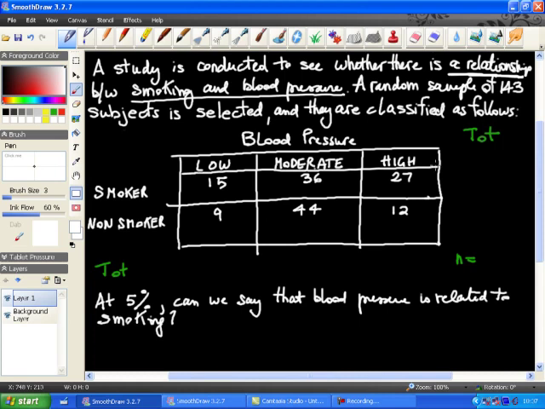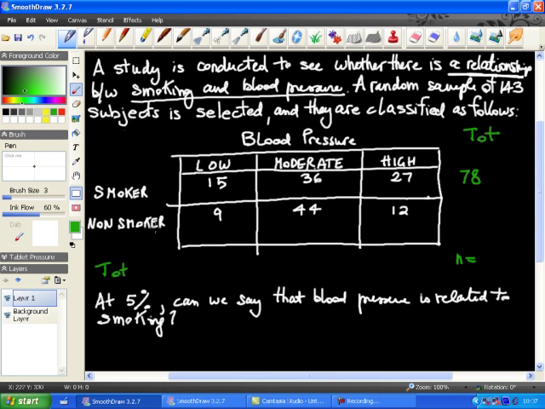The first thing you might want to do is start to calculate totals, the row totals and the column totals. So if we go 15 plus 36 plus 27, we'll find a row total for row 1 of 78.